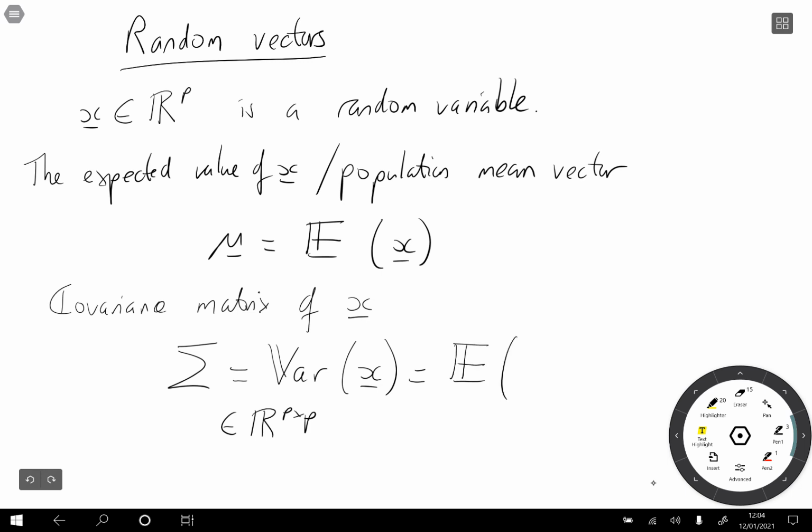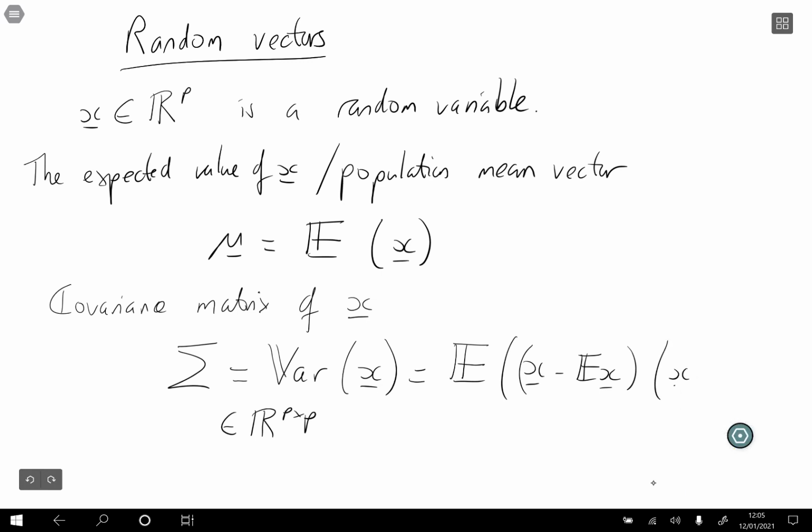Okay, this is a p by p matrix, and it's equal to the expected value of (x minus the expected value of x) times (x minus the expected value of x), all transposed. As I say, this is a p by p matrix.